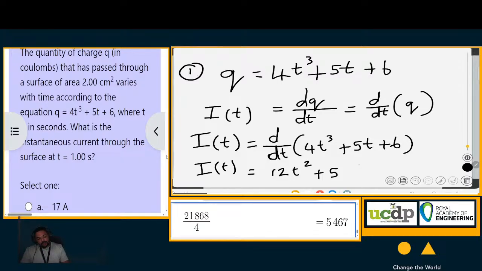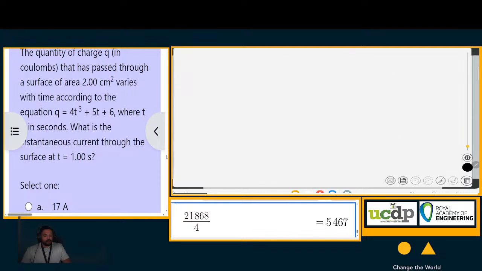This formula is the formula for current at all t, not just for 1 second or 2 seconds, at all time. So that formula says current in terms of time is equal to 12t squared plus 5.